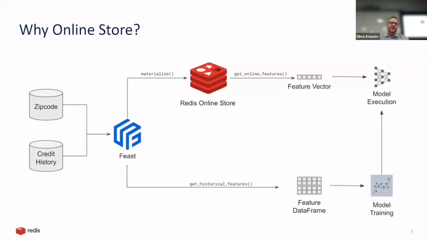Once you have this nice feature store and nice features identified, you just feed this historical data in to train the model, and then you can start using that model. But what happens if you keep getting new updates to this data?